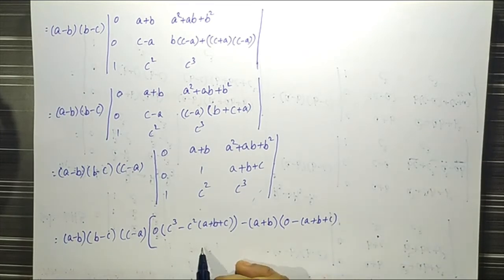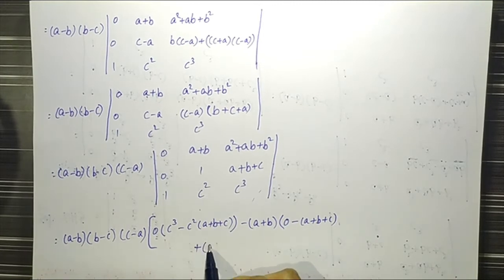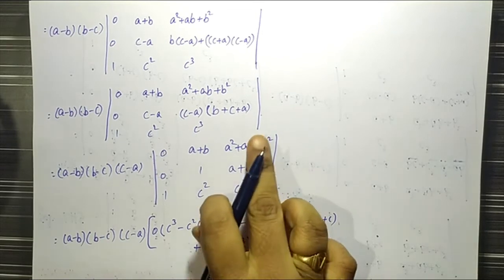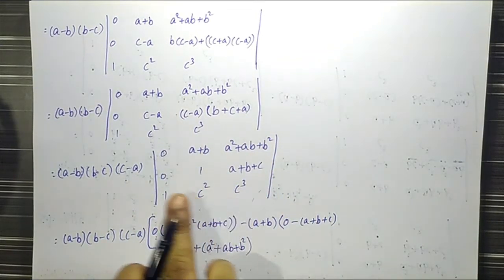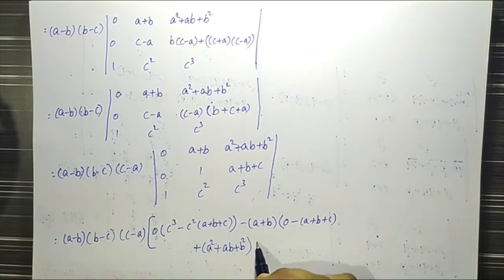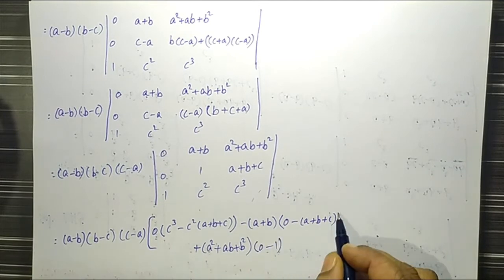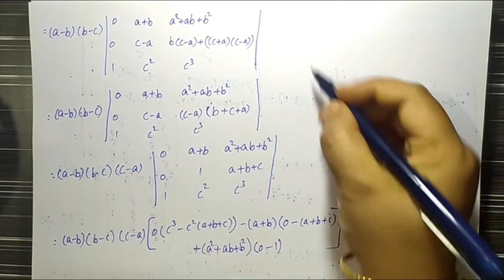This is the second term. You have to write down the third term below: plus a square plus ab plus b square into, this column would be deleted, 0 into c square minus 0, minus 1. This is the determinant value.